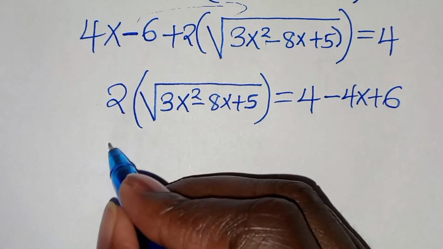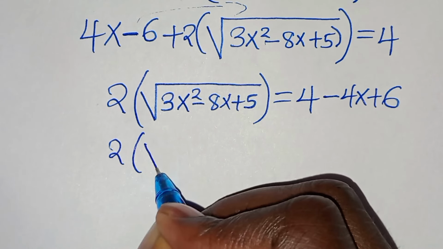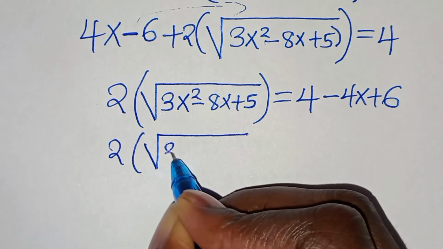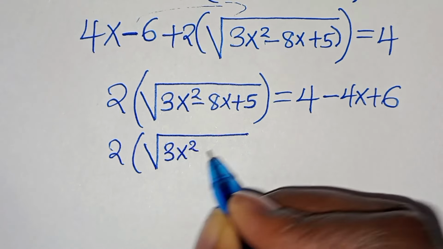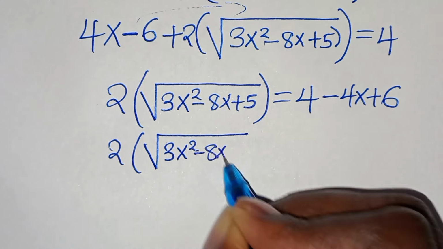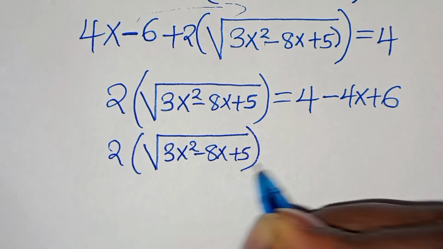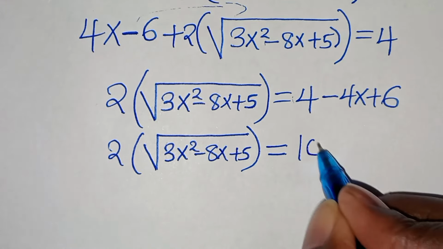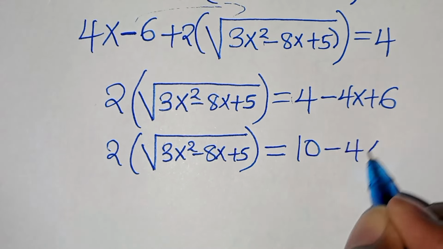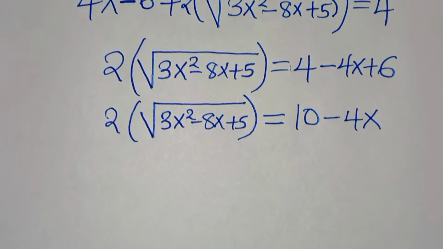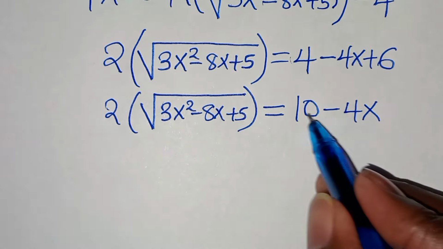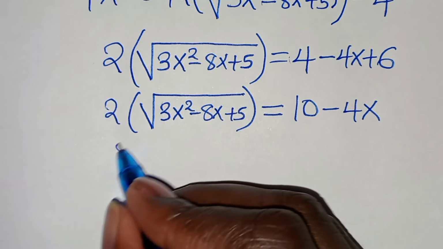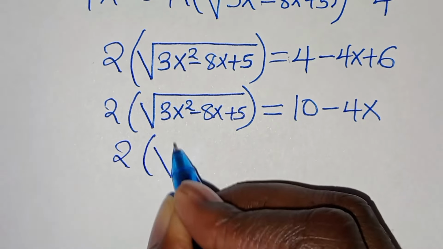So this means we have 2 into the parentheses, the square root of 3x to the power of 2 minus 8x plus 5, close the parentheses. This is equal to 4 plus 6, which is 10 minus 4x. Now, here we have 2 is common, so we can factor out 2, so that we have 2 into the parentheses.